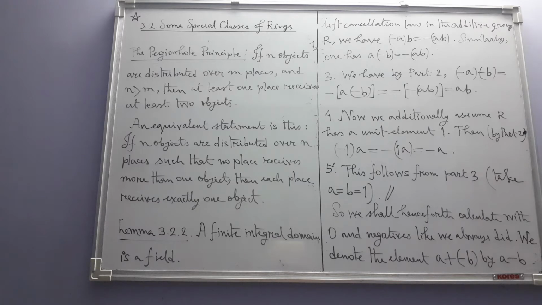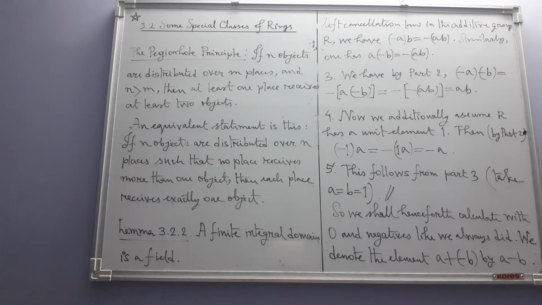Let me refill this, okay? Then we will continue. So if we already have seen the definition of an integral domain, it's a non-zero ring that is commutative and has no zero divisor. Now if such a structure is also finite, then it has to be a field.